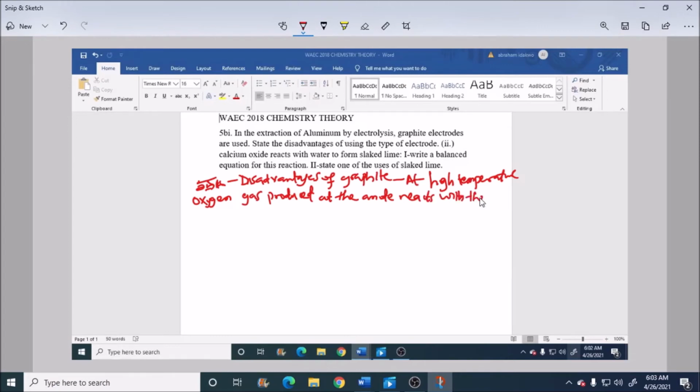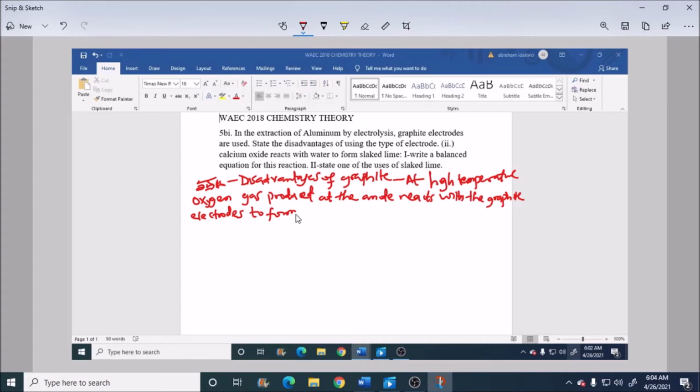Don't forget that graphite is one of the allotropes of carbon. So when oxygen produced at the anode reacts with the graphite electrodes, it forms carbon 4 oxide, that is CO2. So this is one of the disadvantages of using graphite electrodes.